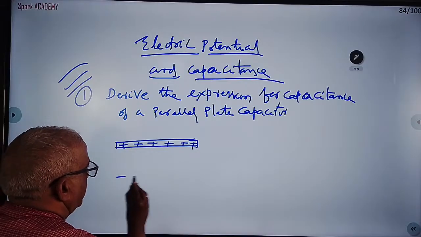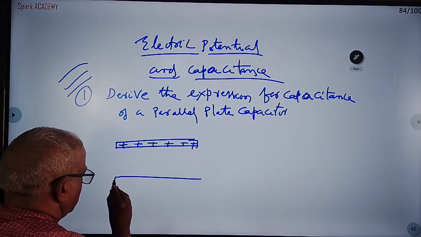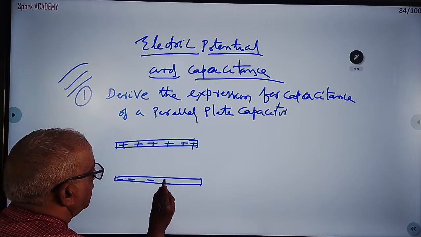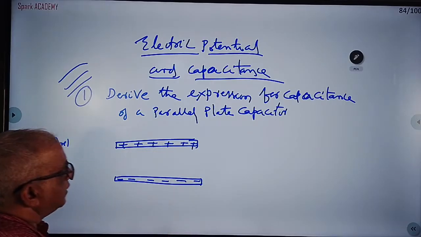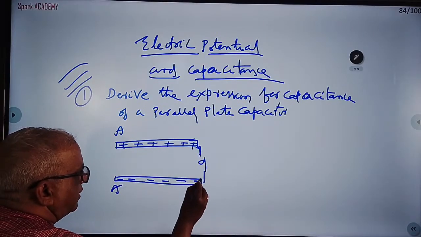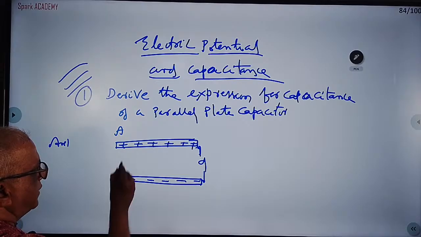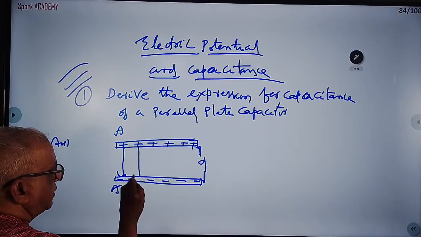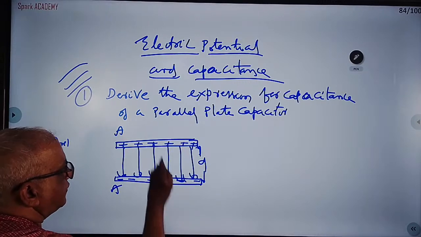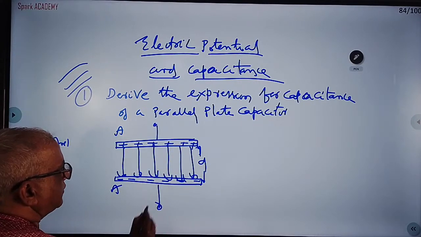There is a minus plate of the same equal area, with an equal amount of charge. The area of each plate is A. The distance between the plates is D. Air is the medium. There is a uniform electric field between the plates. This is the parallel plate capacitor.